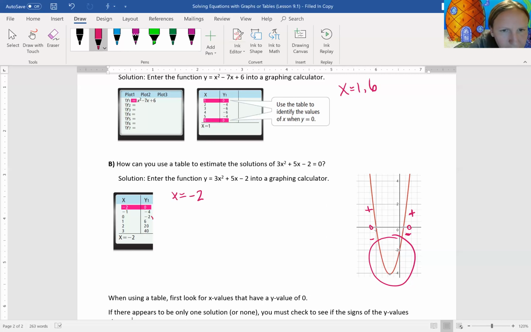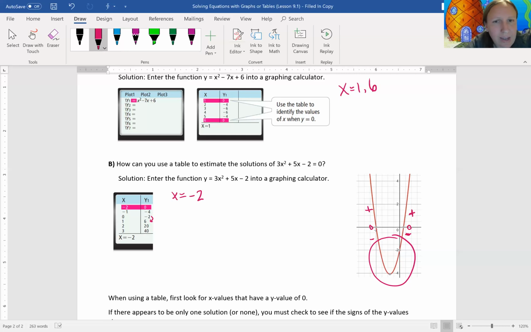But from here to here, from that -2 to 6, that changed signs. So as it jumped from -2 to 6, it had to hit 0. With this table, we're not exactly sure, but there has to be some other answer between 0 and 1.